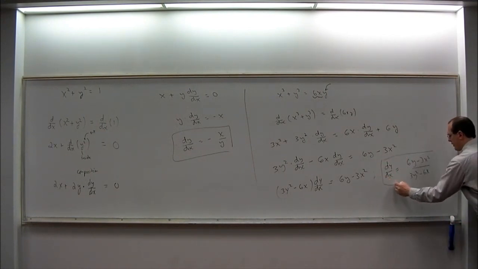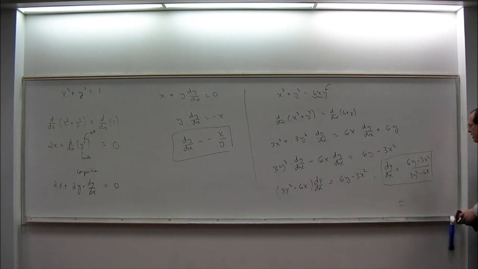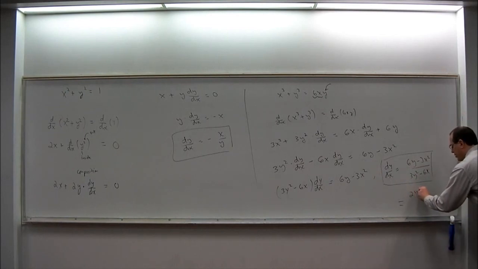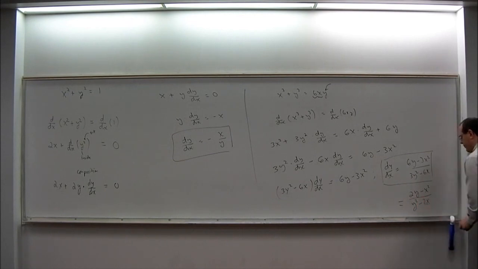And generally speaking, that will be your answer. In this particular case, we could simplify a little bit. You could factor a 3 from the numerator and the denominator and write this as (2y minus x squared) over (y squared minus 2x). So there's a simplification that is possible here in this fraction.